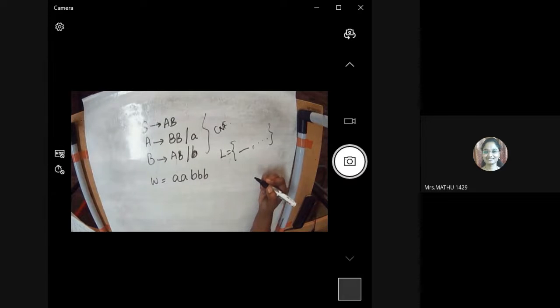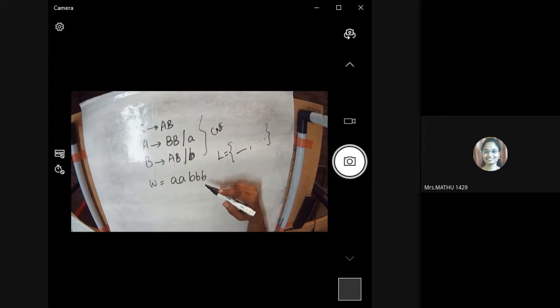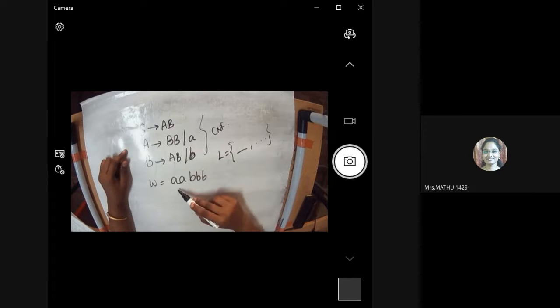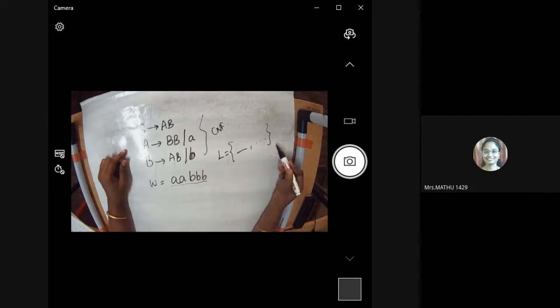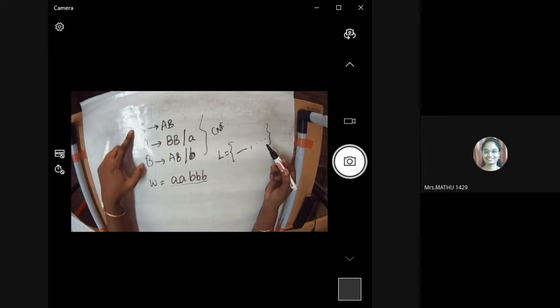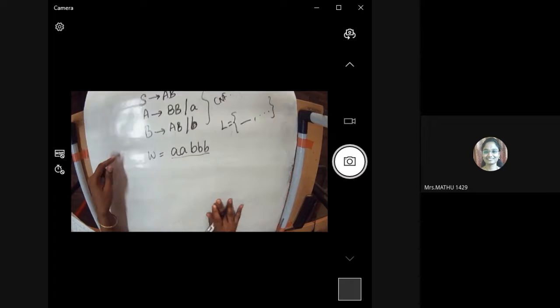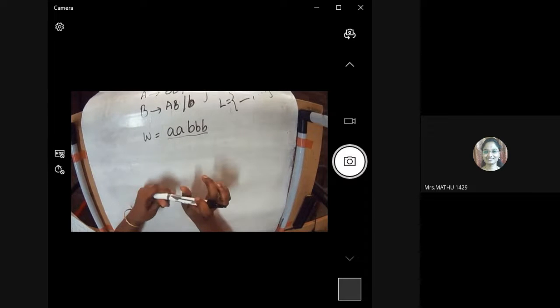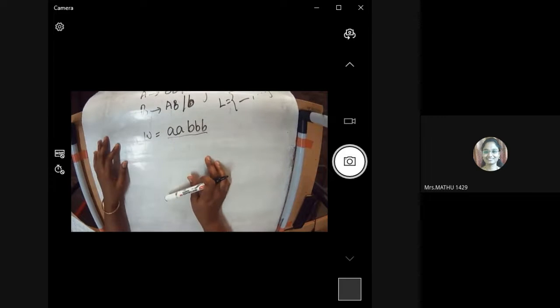Now they have given a string and asked us to check whether this string is present in the language generated by this given grammar. To check this, as we have discussed, it has to be divided into many substrings of various lengths.